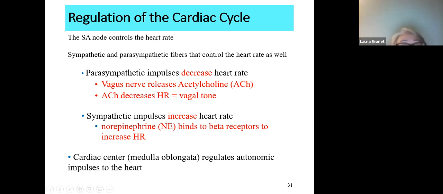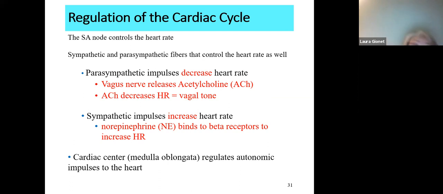This is the vagus nerve. It releases acetylcholine. And acetylcholine binds to one of those muscarinic receptors and inhibits the muscle from contracting, and thus spares it from working harder than it needs to. That is our parasympathetic tone or vagal tone. Vagus nerve, under cranial nerve 10.